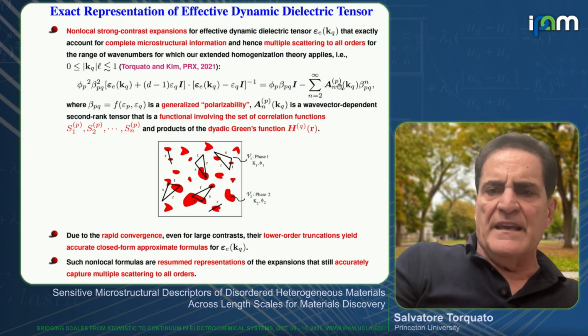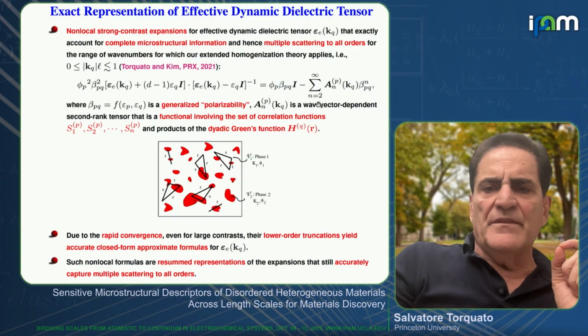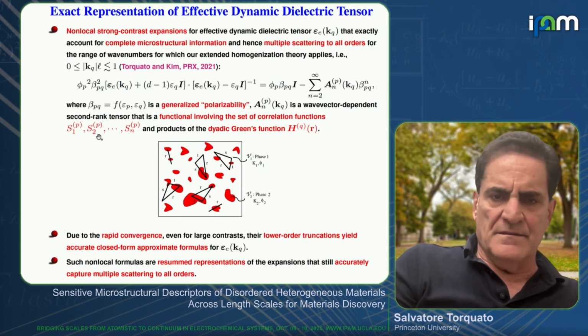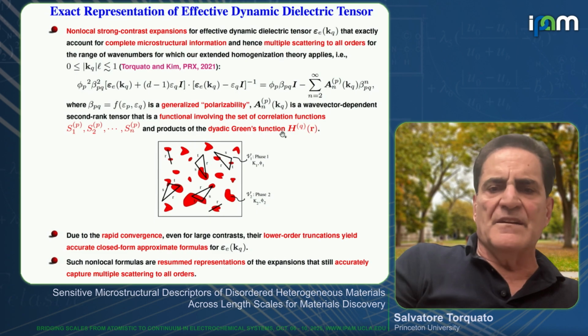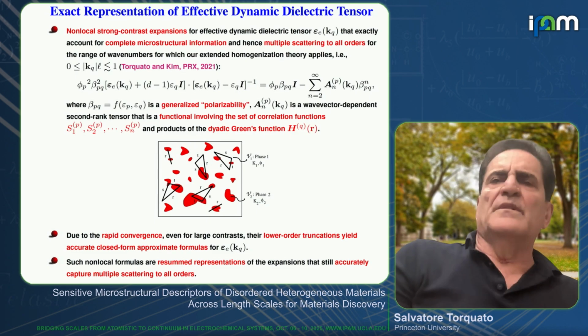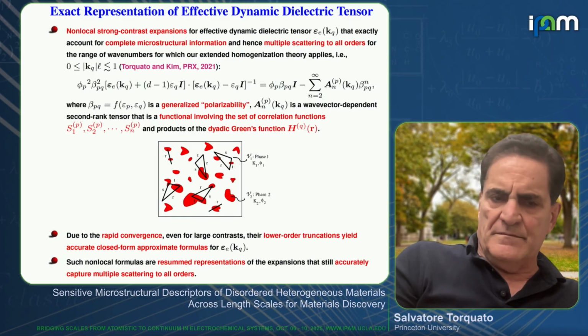And these terms A_n superscript P, where P just denotes whether you have phase 1 or phase 2, are a wave vector-dependent second-rank tensor that's a functional involving the set of correlation functions that I just mentioned, and then the product of dyadic Green's functions. So in principle, if you want an exact result, you need an infinite amount of information.